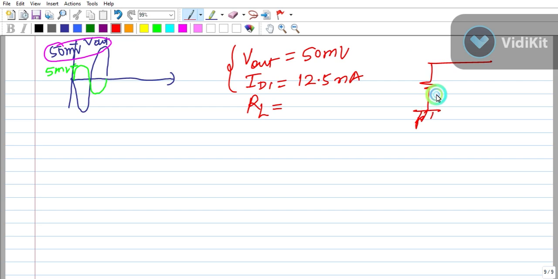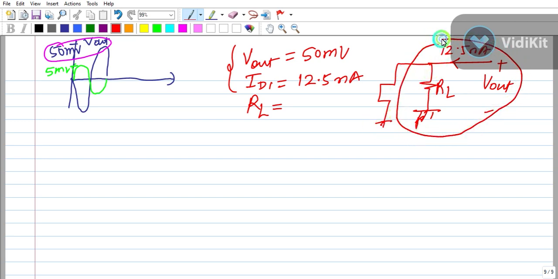This is ground, there is RL, this is V out, plus minus. And the ID1 is 12.5 nanoampere, and then the rest of the circuit, this MOSFET and all. So we can take this and calculate the V out.